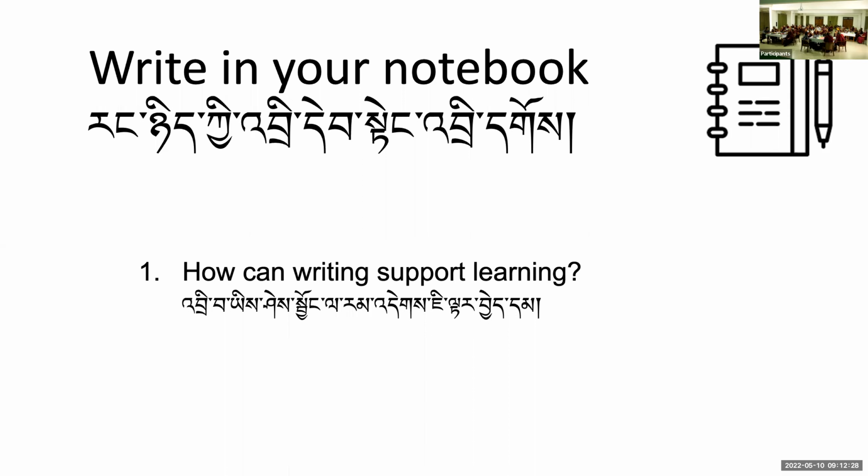The first thing is same for me, like we can recall, and the other thing is we can collect the ideas or concepts that we have learned and put them in a proper way. And sometimes while writing, we will get some new ideas. So it gives us new thoughts or new ideas while writing.